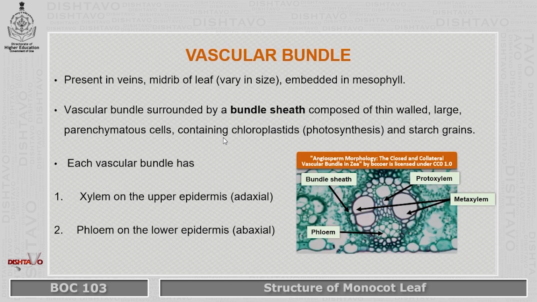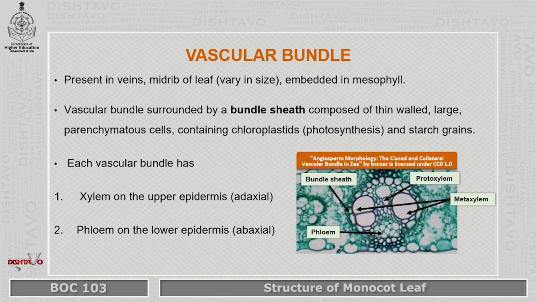Moving on to the vascular bundle. They are present in the veins, the midrib of the leaf. They vary in size. The midrib will have a larger vascular bundle, whereas the finer veins will have a smaller vascular bundle. These veins are embedded in the mesophyll region.